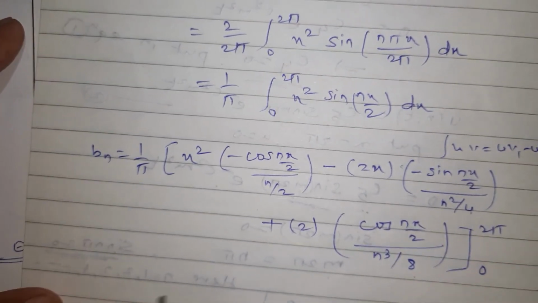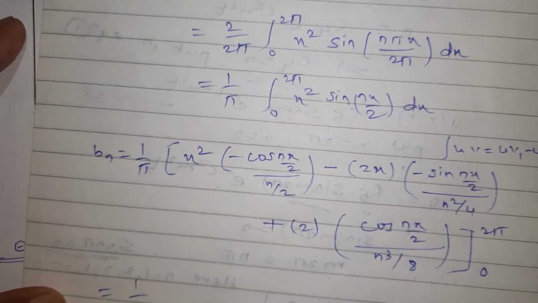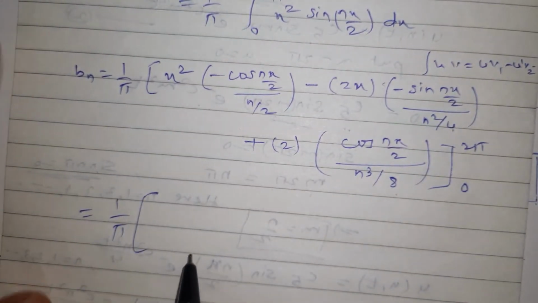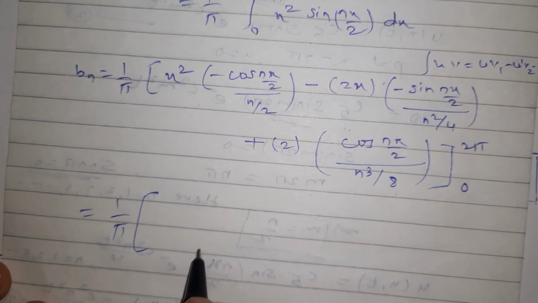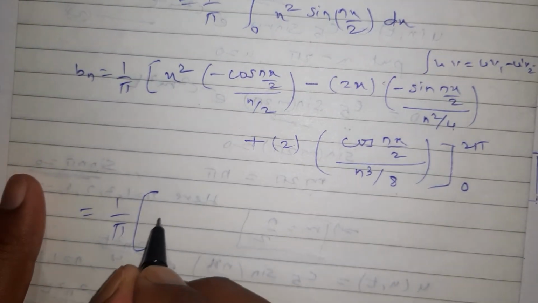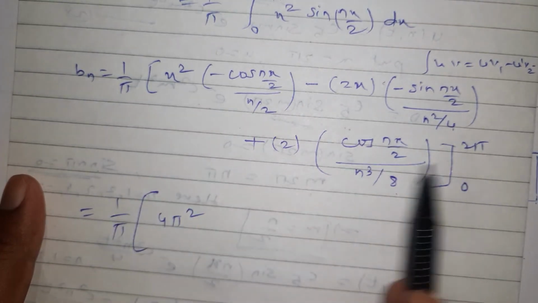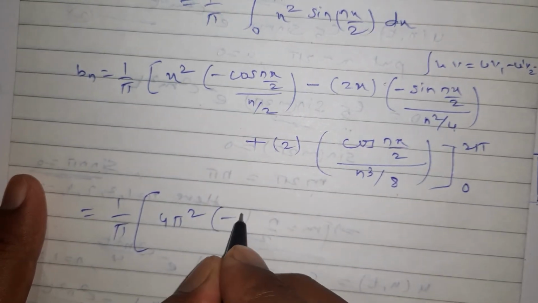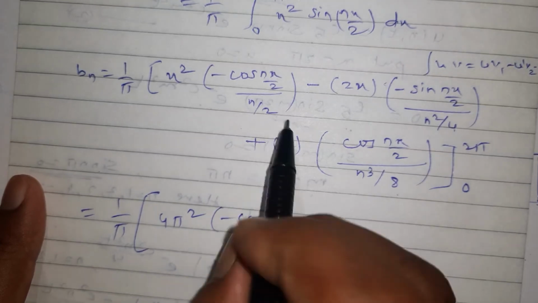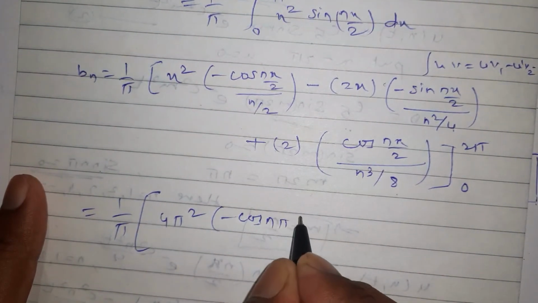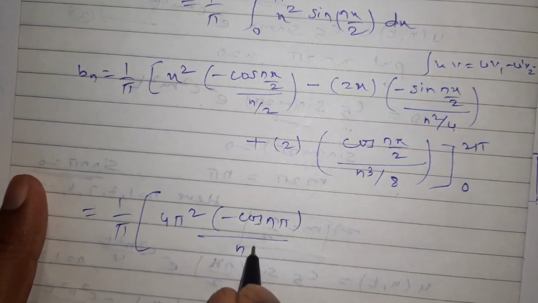Okay, put the values. So 1 upon pi. Can I do it directly now? Will you solve it? Upper limit minus lower limit? Yes, do it. So here 4 pi square, I substitute the value of x as 2 pi, minus cos, what do I get? n into 2 pi upon 2, so it is n pi upon n by 2.